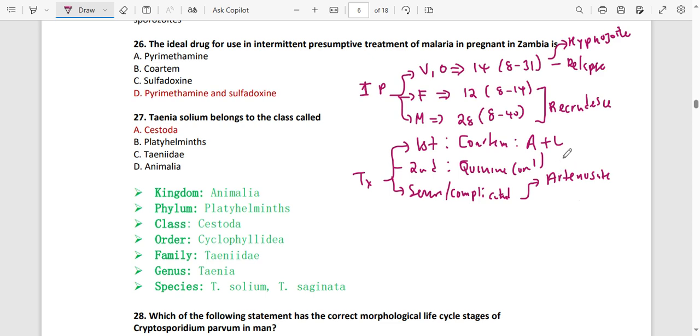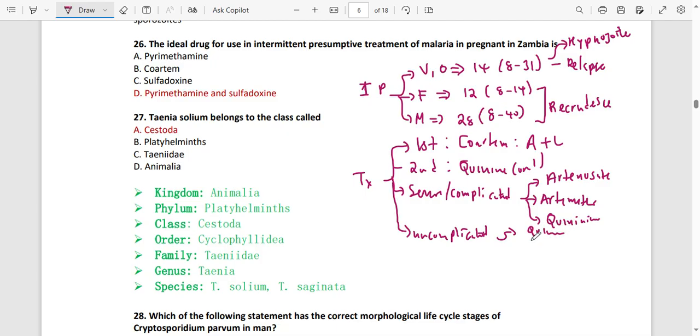You can as well give artemether IM. That's for severe cases. You can see also another A there, and this is IM. You can as well give quinine. Quinine can either be given IV or IM, and you are going to combine it with either 5% or 10% dextrose. This is the complicated case which is caused by falciparum. And then for the uncomplicated cases, which are non-severe, the first line of treatment is going to be quinine.